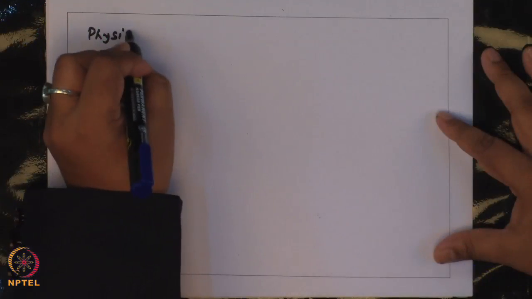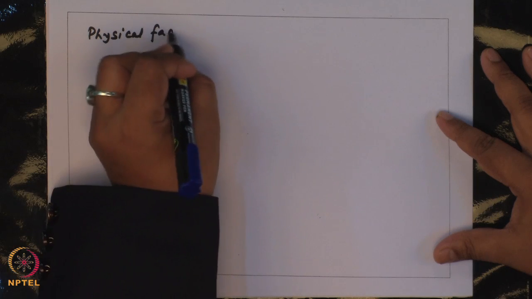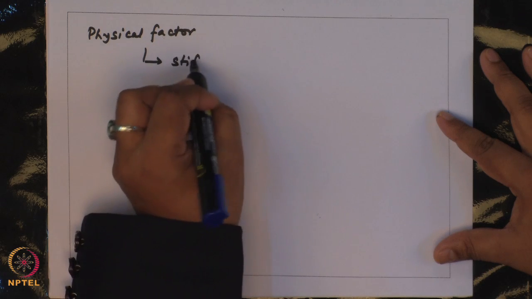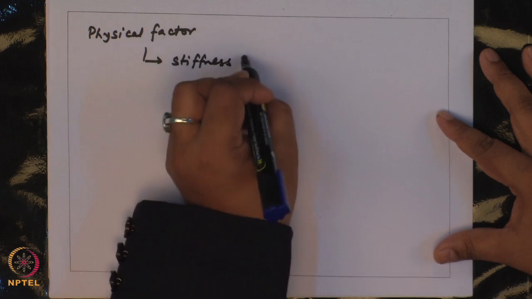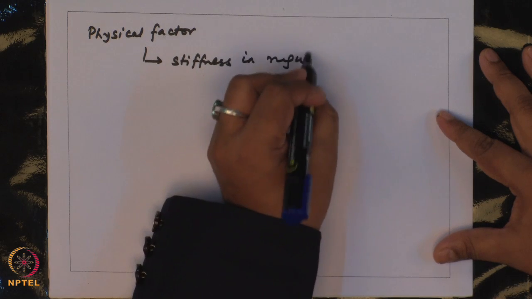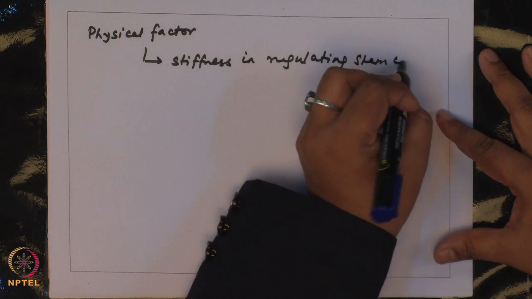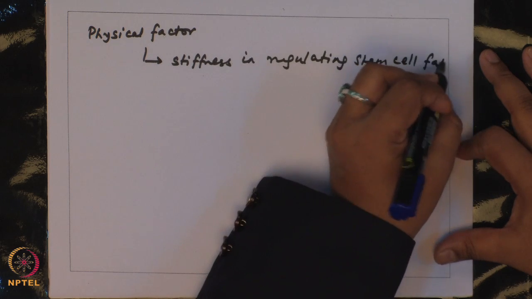In the last lecture I started discussing the effect of physical factors, and among these specifically stiffness, in regulating stem cell fate.